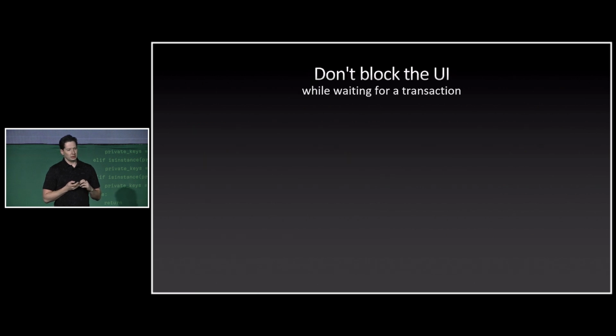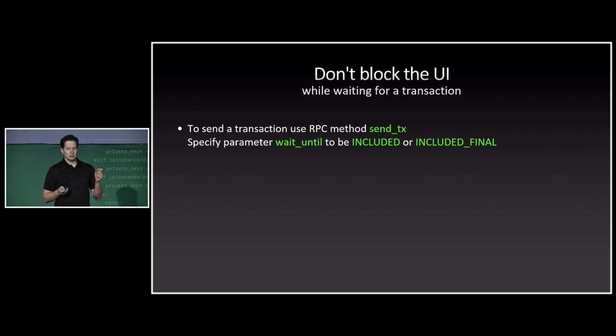All right, I think my slides got messed up a bit on the order, but we're going to talk about what you can do right now if you have a transaction, to avoid blocking the UI. The first thing you can do is send the transaction using the method sendTX, and then specify a new parameter on RPC called wait until.